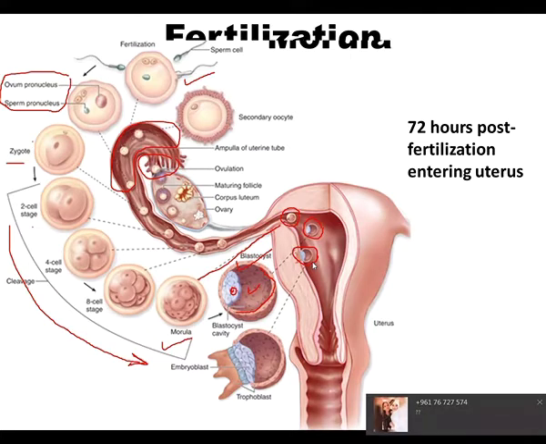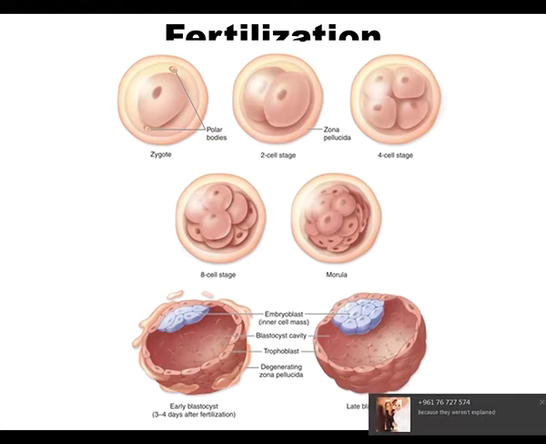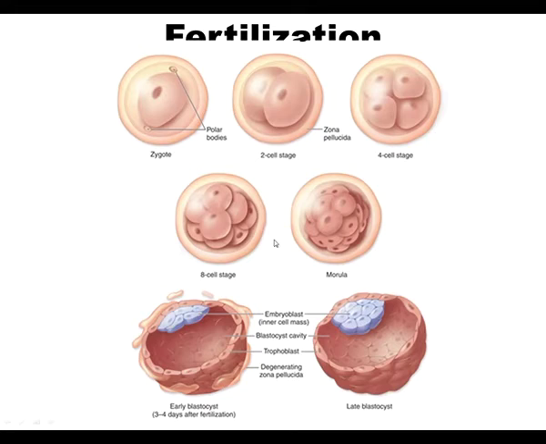Here you can see again the stages of cleavage up till the morula, and once the morula enters the uterus, 3 or 4 days after fertilization, you can see the difference between the early blastocyst and the late blastocyst. The blastocyst is differentiated into the embryoblast, which is the inner cell mass, the blastocyst cavity, and a layer of cells called the trophoblast.